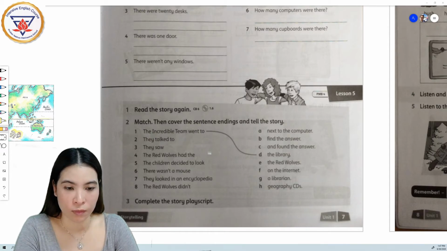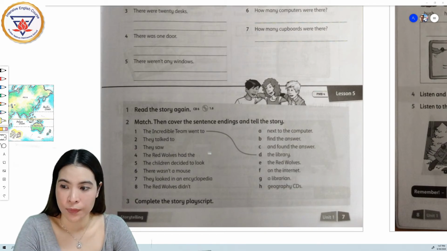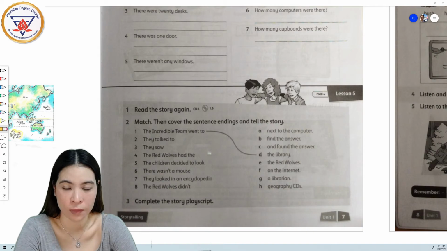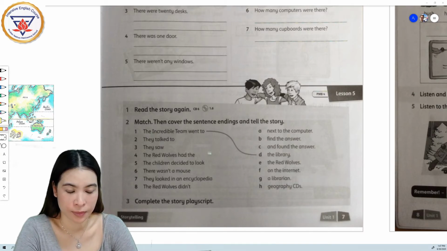The first question. At the library. Look! The red wolves are here. Come on, let's go in. Let's find a librarian. Excuse me, can you help us? Certainly. We have to answer a question. How long is the equator?